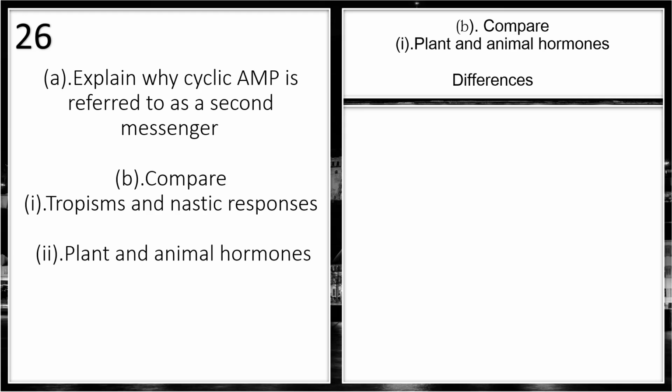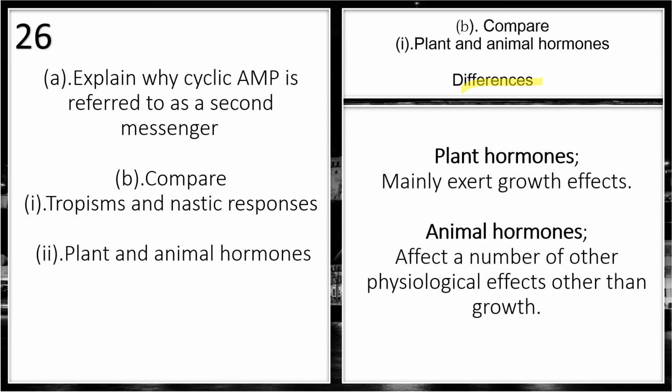Differences. Plant hormones mainly exert growth effects. Animal hormones affect a number of other physiological processes other than growth.